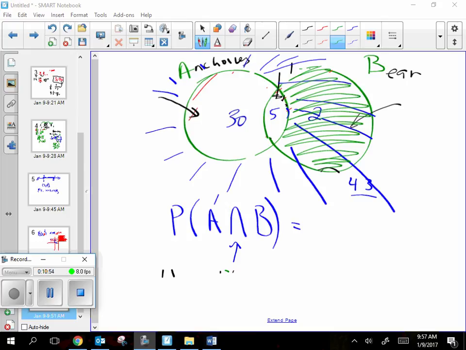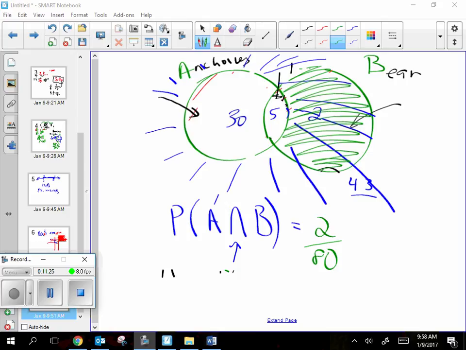Okay, so 2 is where they intersected, but that's not a probability. And you don't take 2 out of the whole thing because not everything was possible. Oh, wait a minute, maybe you do. Do you think it's out of 80 or out of 45? Well, that depends on if it was given, and I never had a given in here, given that the person doesn't like anchovies or whatever. That's not the question. So this one is out of 80. There we go. Raise your hand if you had that one right.